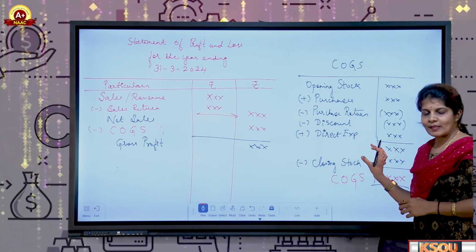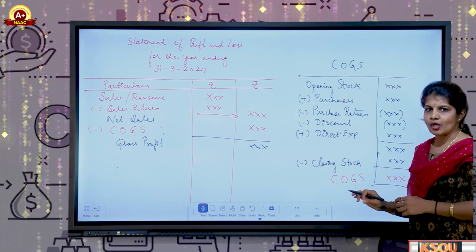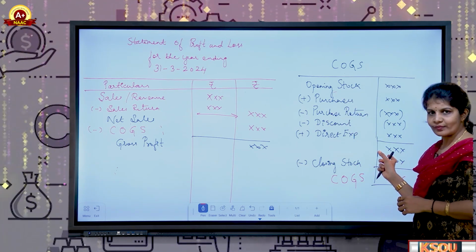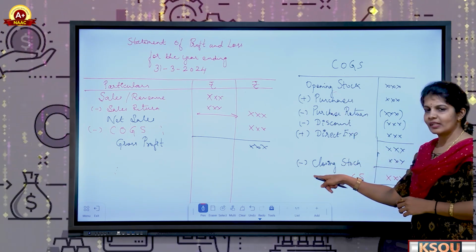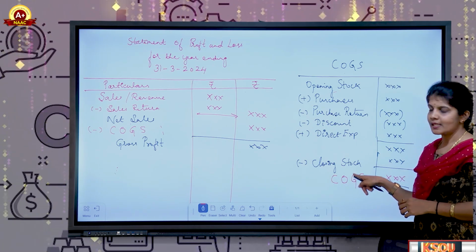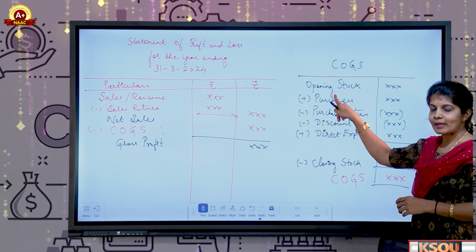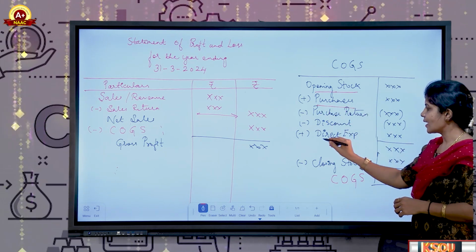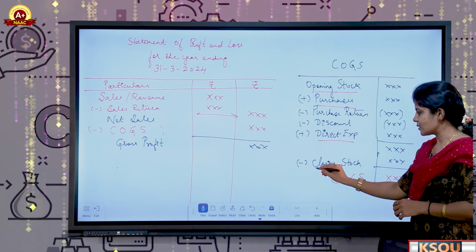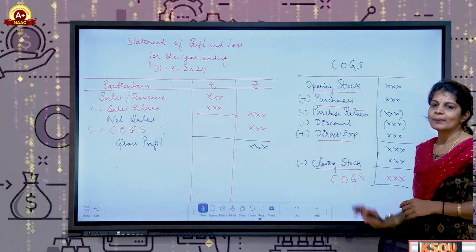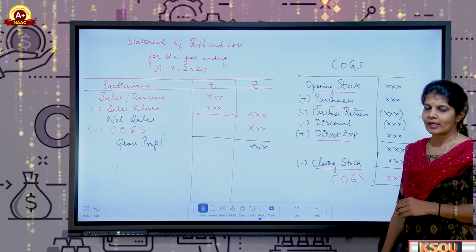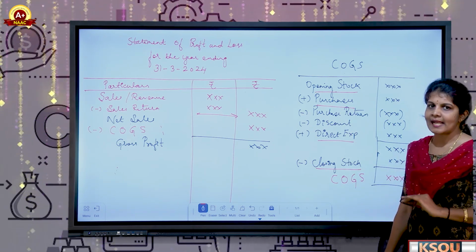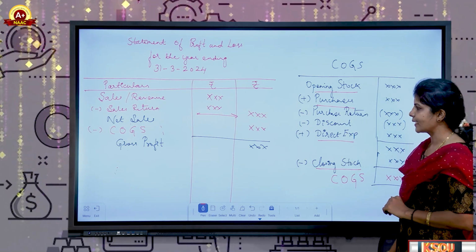For the amount we obtain after the adjustment to the opening stock, we need to deduct the closing stock. That means opening stock plus purchases plus any direct expenses minus closing stock will be called cost of goods sold. I hope you have understood this calculation of cost of goods sold clearly.